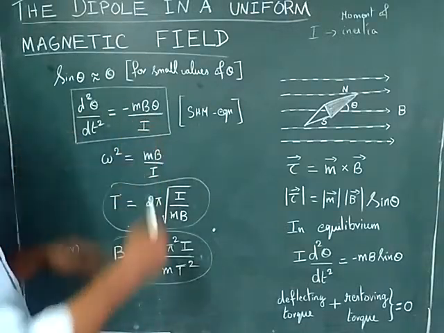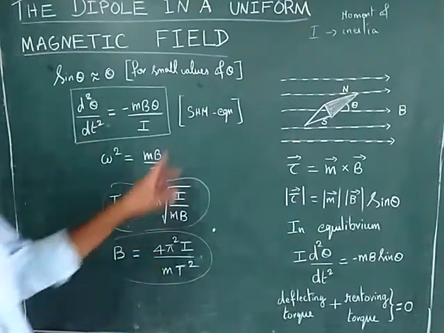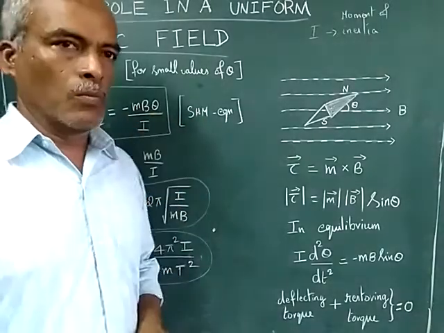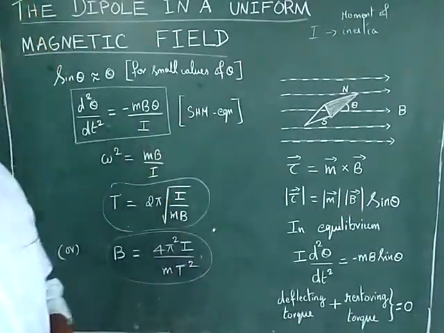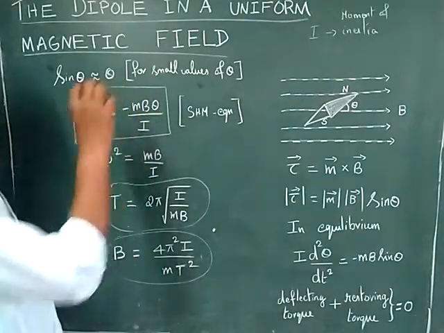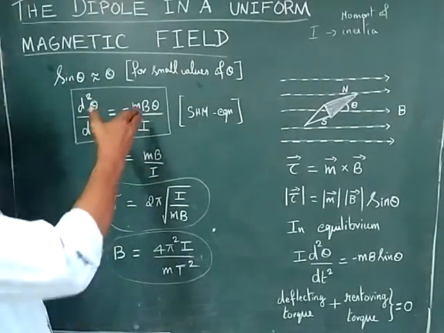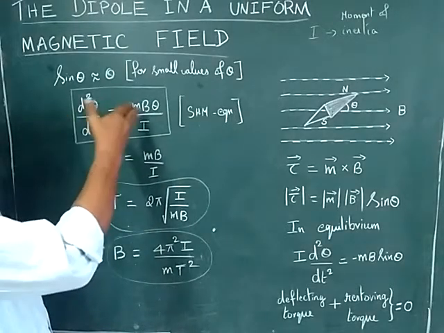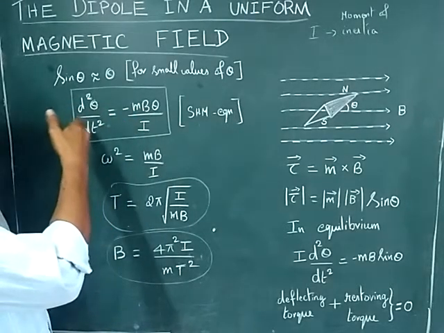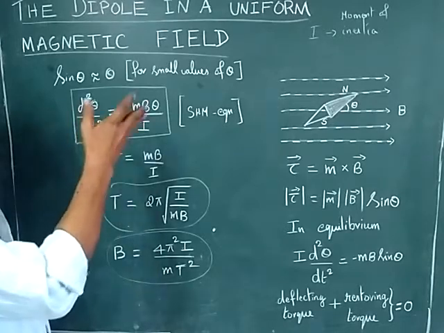If you carefully see this equation, it is nothing but the equation of simple harmonic motion. We can always solve this equation. Bring the minus term to the other side: d square theta by dt square plus mB by I theta equals 0.